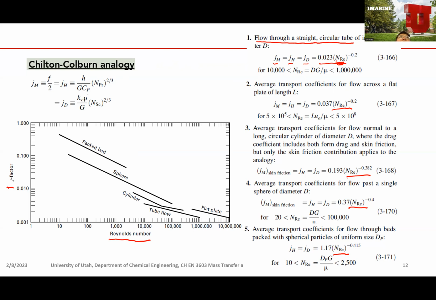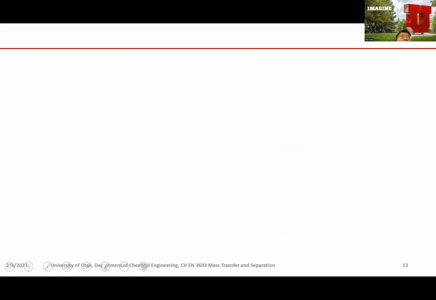What's the geometry of your channel and what is the Reynolds number? Then you can go back to this figure or go back to these equations and find the J factor. Then you can find the mass transfer coefficient. Then you can compute the mass flux. Okay. So that's all about the mass transfer coefficient.